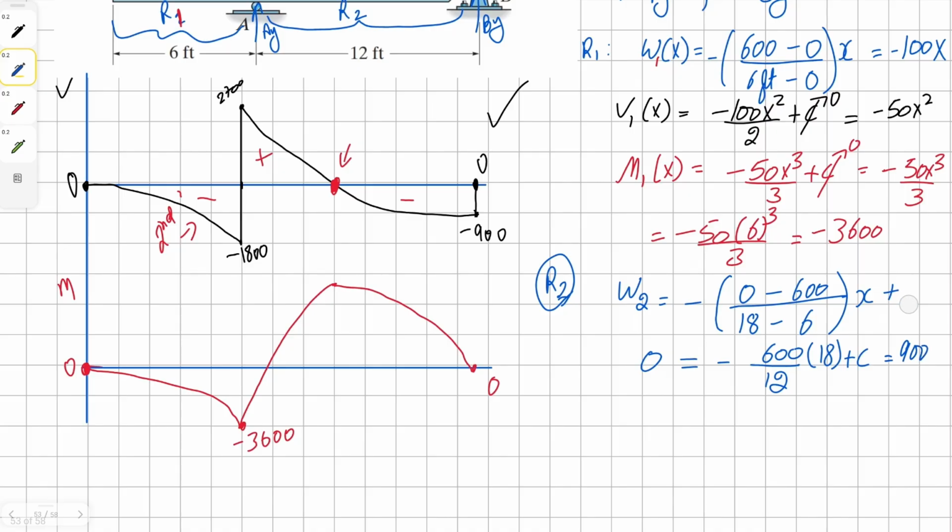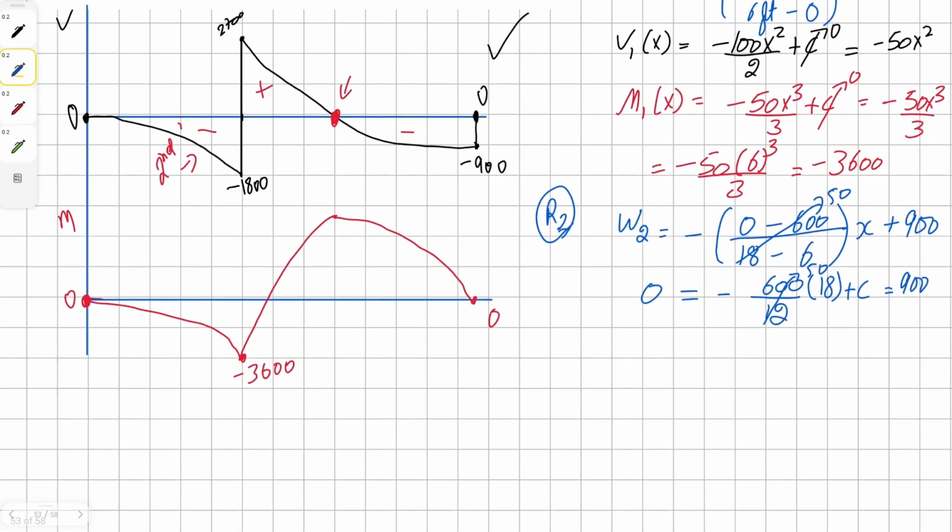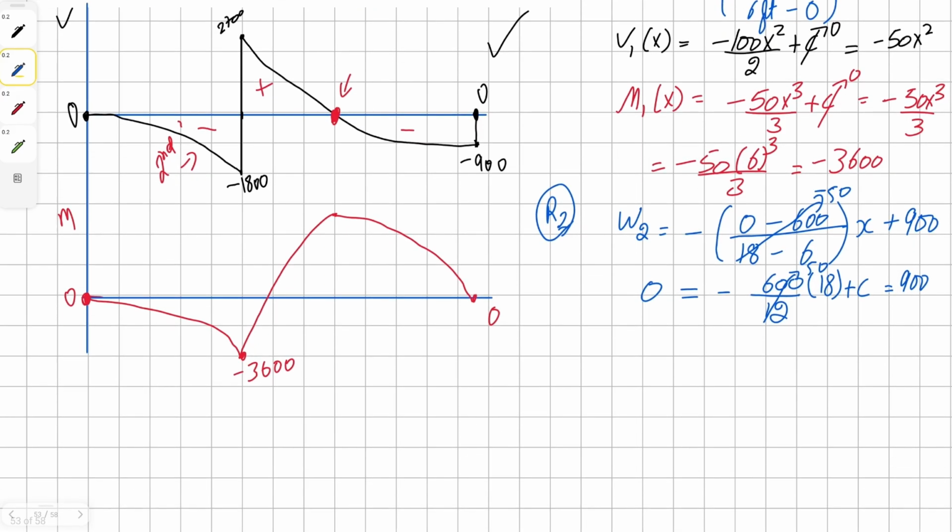So we'll plug that into our load equation, and that's our solution. And this is 50, so this will be 50 here. Okay, and it'll be negative 50.